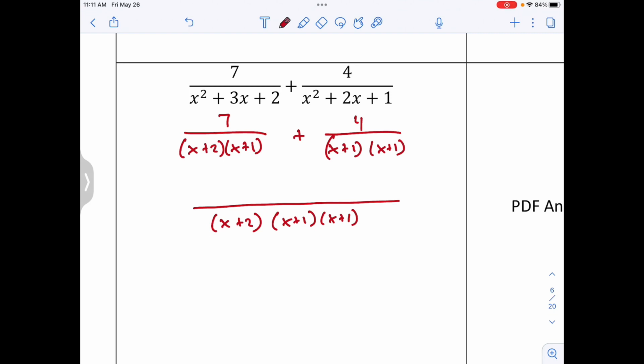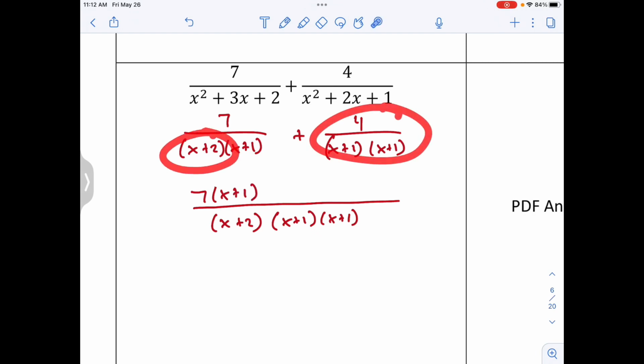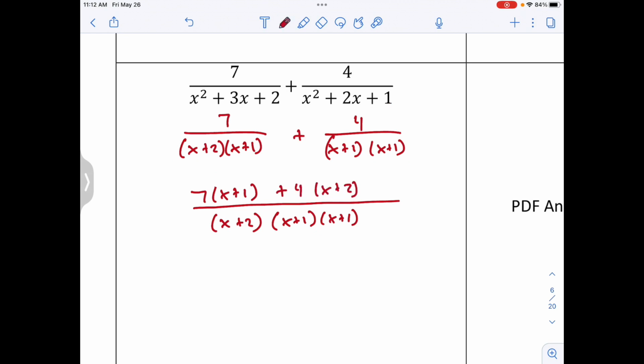Now, let's new bottoms, so we get new tops. That original fraction 7 did not have one of the x plus 1s, so that 7 gets a new x plus 1. And that second fraction 4 did not have that x plus 2, so that 4 gets an x plus 2.